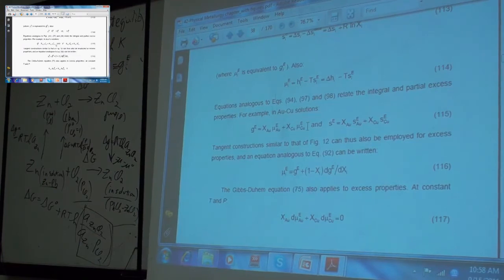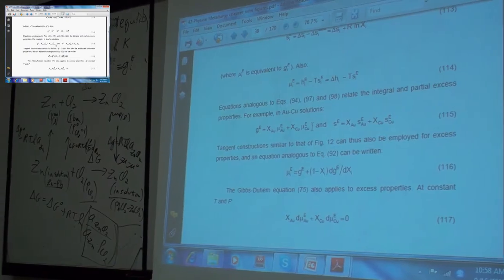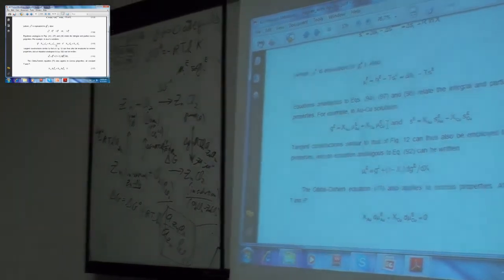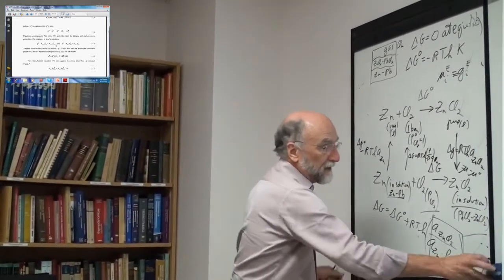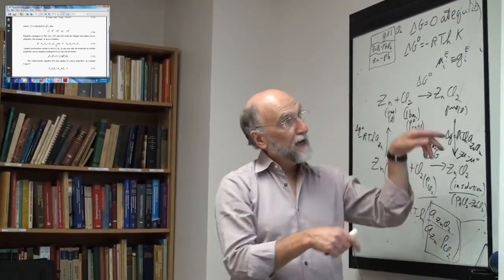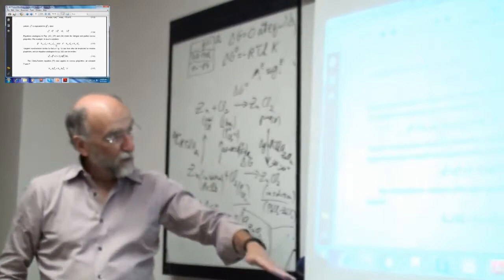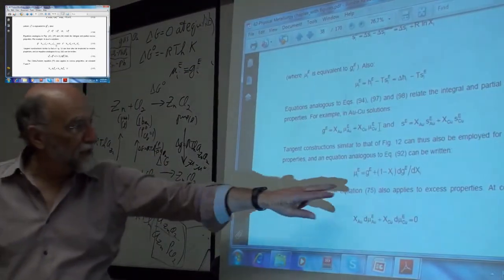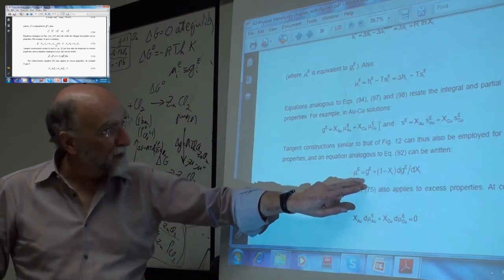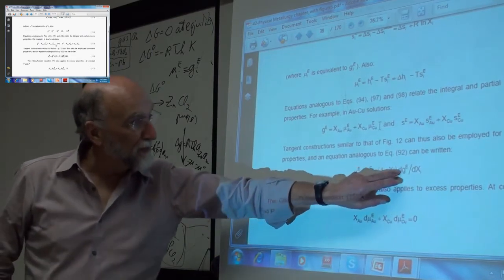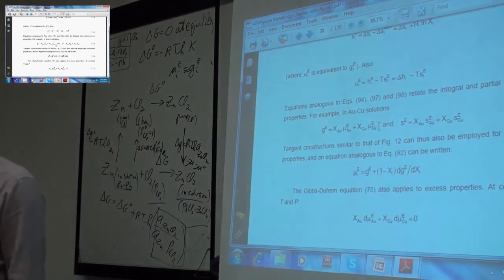Everything that applies to the integrals applies to the partials. I did that little thing, I have to write it down. When I had the tangent, I showed that one way through the tangent, G of I, or mu of I, was G plus (1 minus xi) times the slope. You can do the same thing with the excess properties.